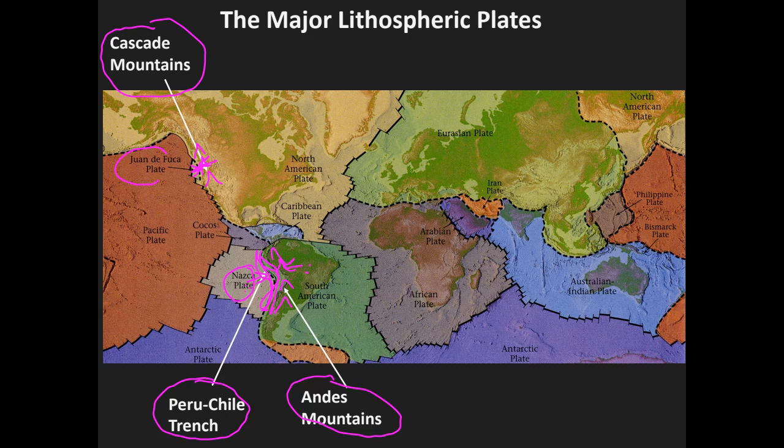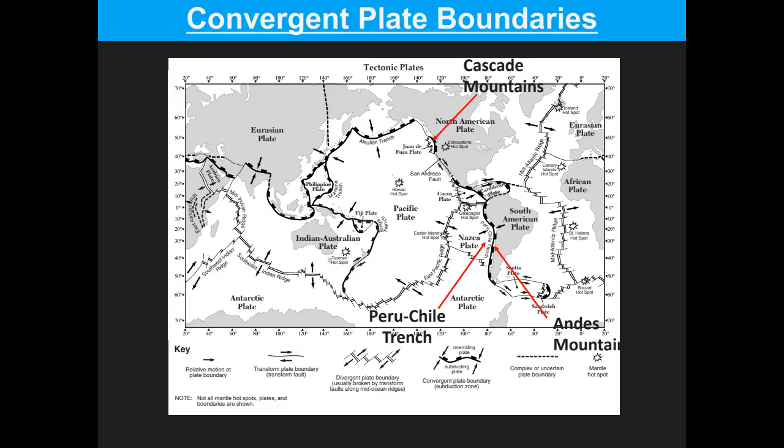We can also look at them in this map, where you can see clearly this convergent boundary with the Nazca plate, which is oceanic crust colliding with the continent of South America. That's an example here. An example also here is the Juan de Fuca plate colliding with the North American plate.